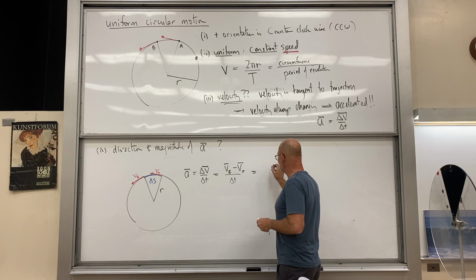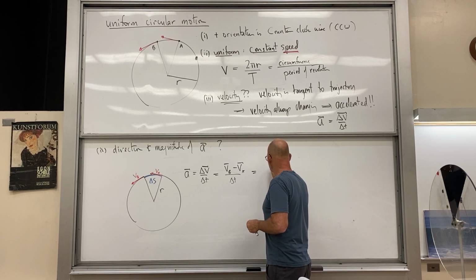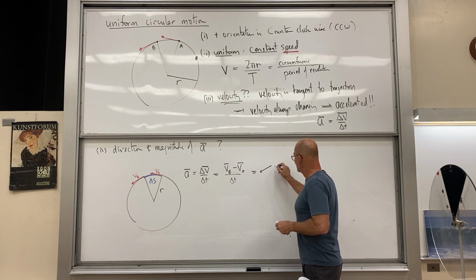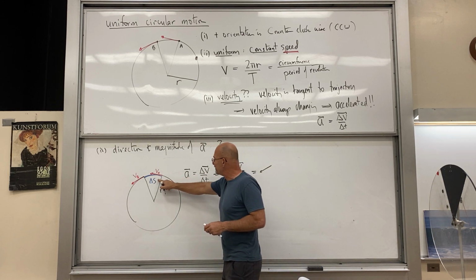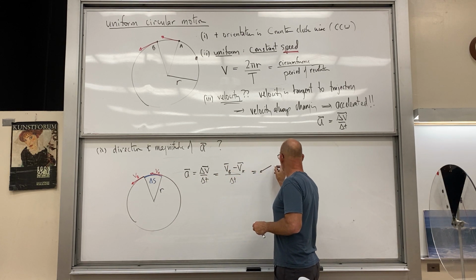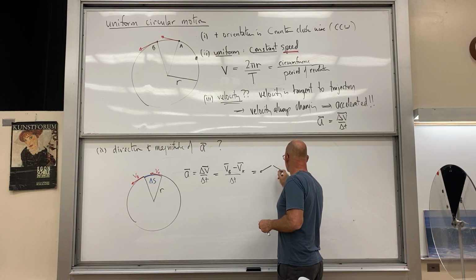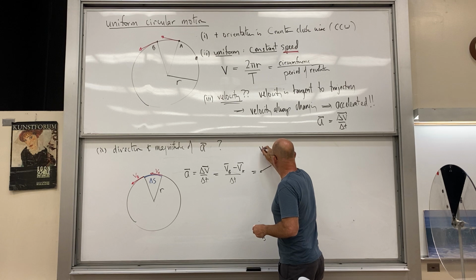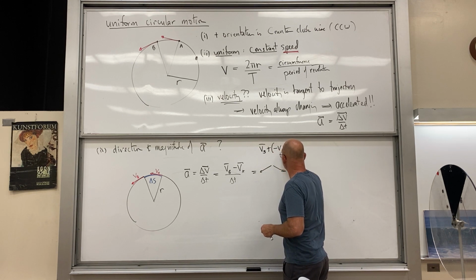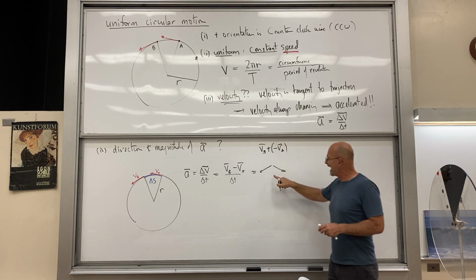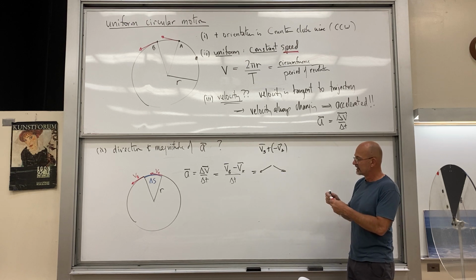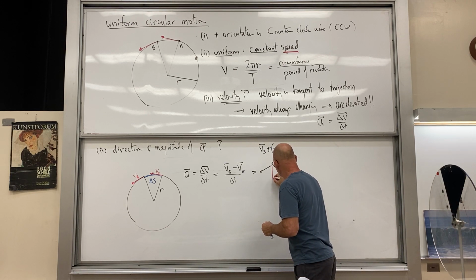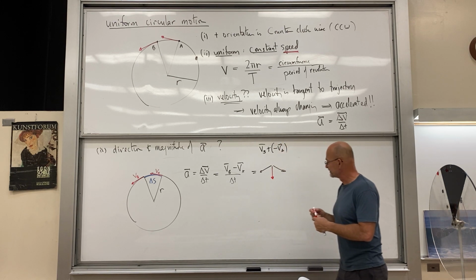And the VB is pointing in this direction, and the negative VA is pointing in that direction. Okay. So this is V sub B plus negative V sub A. And if we add 2 vectors like this, the resultant is in the down direction.